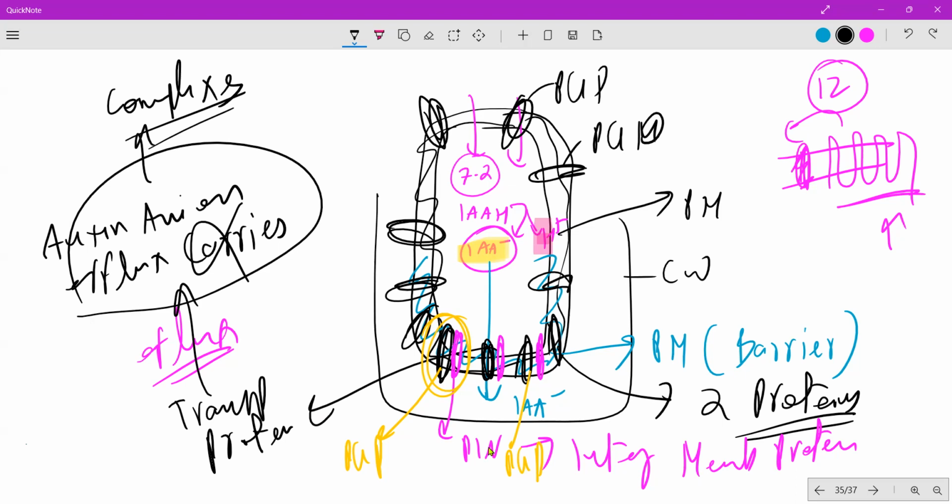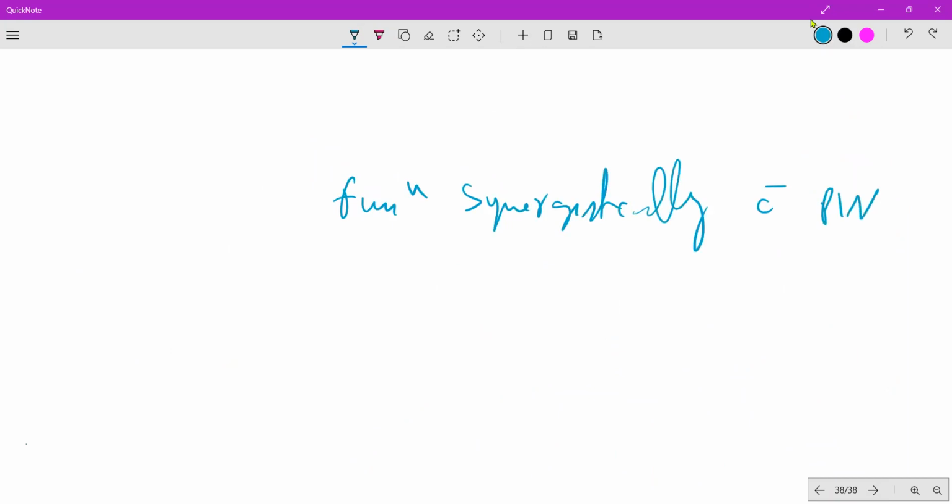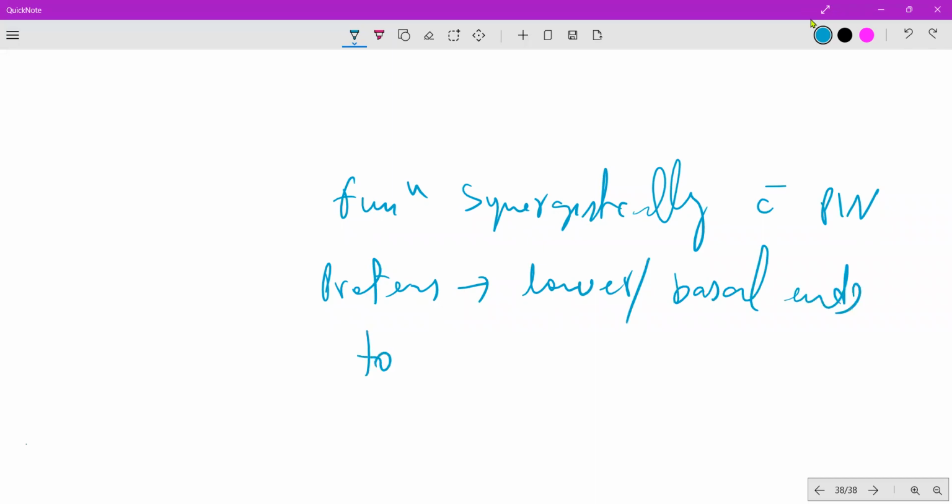So at basal ends, they function synergistically with pin proteins at lower ends or at basal ends to establish a directionality of oxygen transport. So they establish a directionality of oxygen transport.